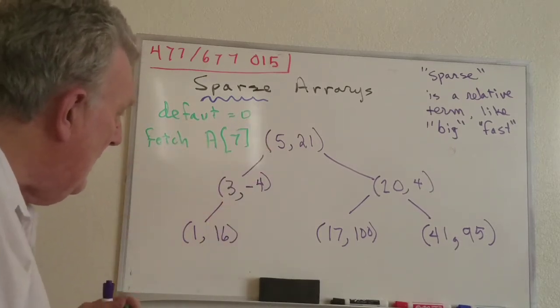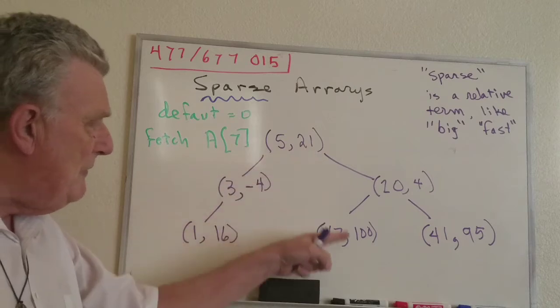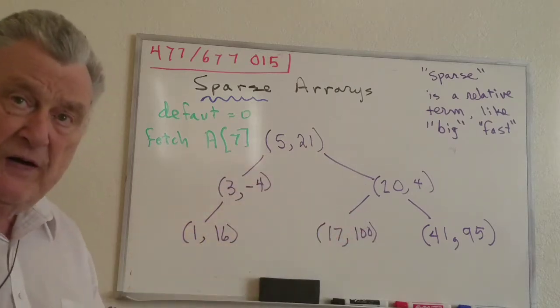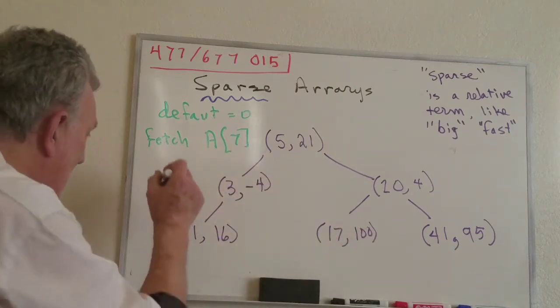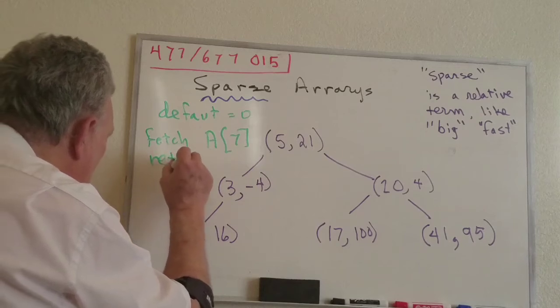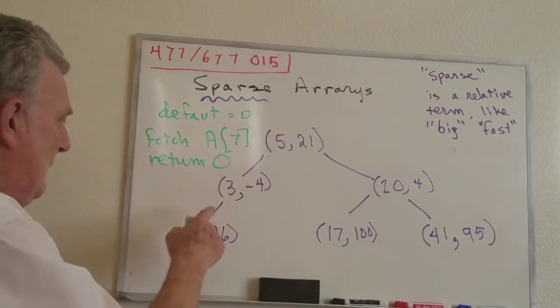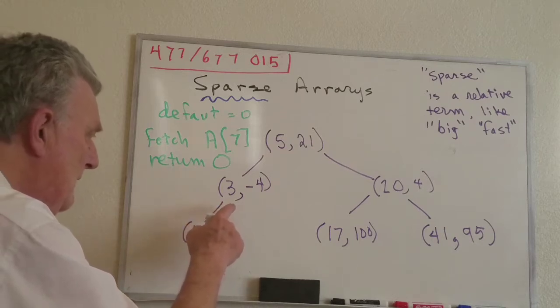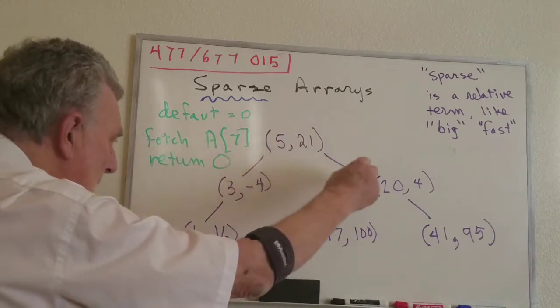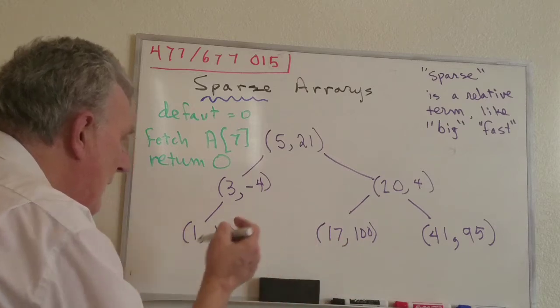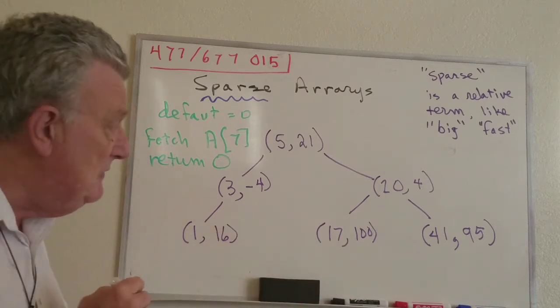All right, so I search for 7 in the binary tree, and it isn't there. So therefore, I return the default value. If I want to fetch A of 17, I search, I find 17, so I return 100.